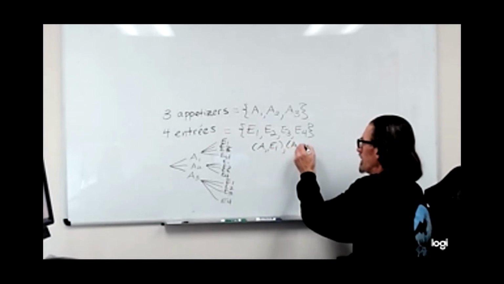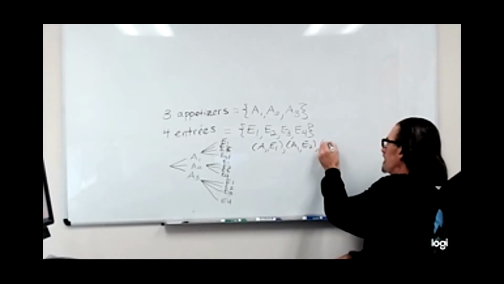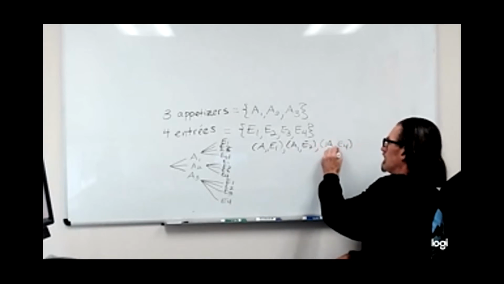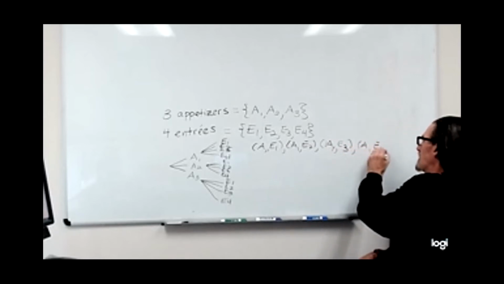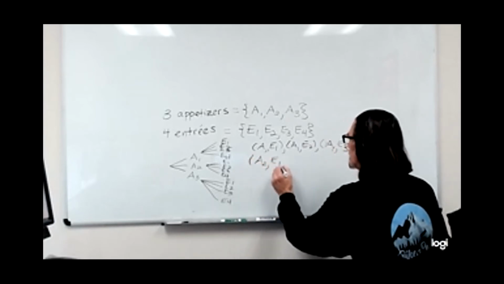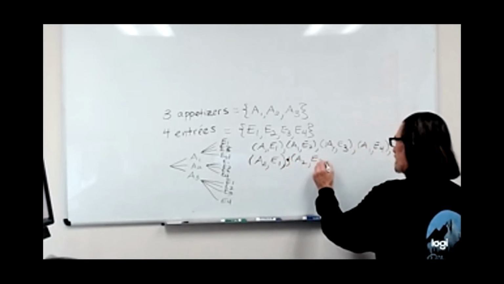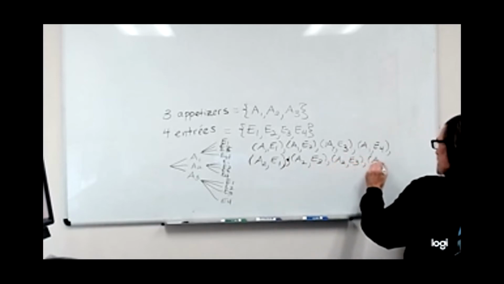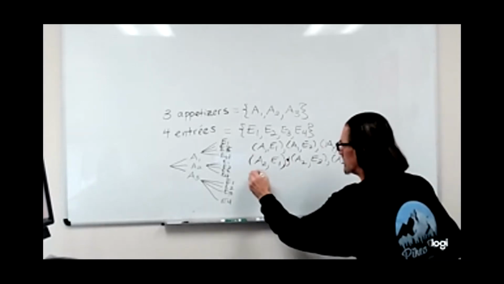So what I'm going to show here is all the ways that the first appetizer could have been chosen, followed by all the ways that the second appetizer could be chosen, and finally, all the ways that the third appetizer could have been chosen.